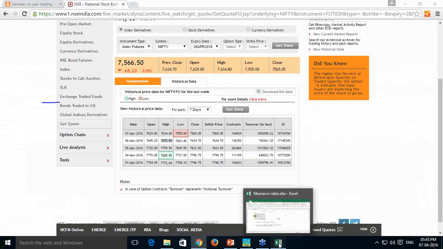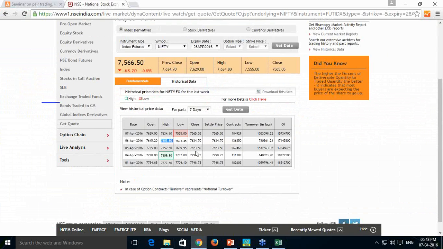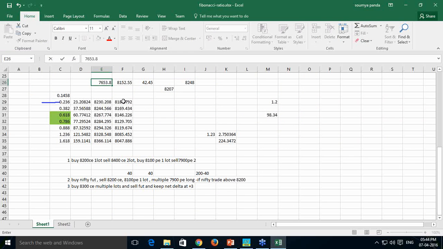These two values I am going to put in. The difference is 50 points, so this 50 points, whenever I multiply it with the ratios, I get 50.35. So I have multiplied the Nifty future.